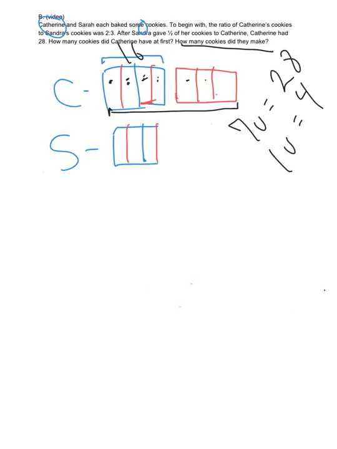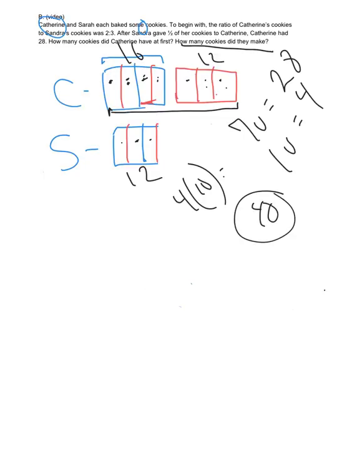We have 1, 2, 3, 12 there, and we have 1, 2, 3, 12 cookies there. Or 4, and how many units? 10 total, for an answer of 40.